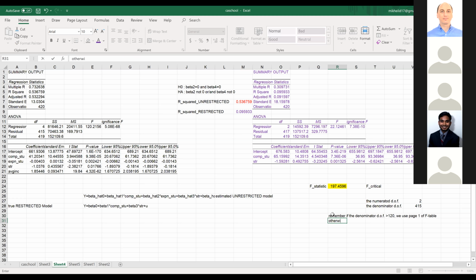Otherwise, use other pages. So let's open this table.